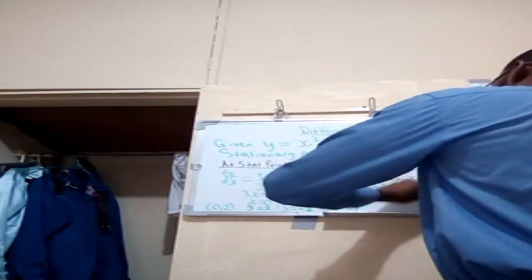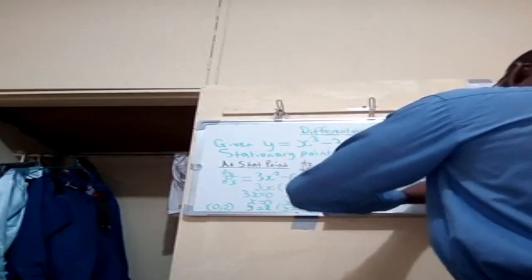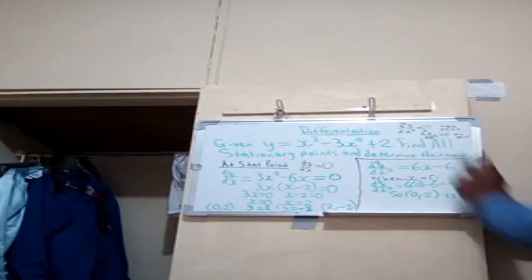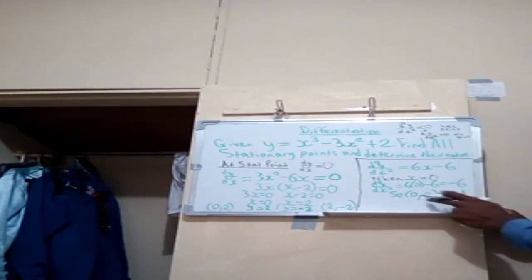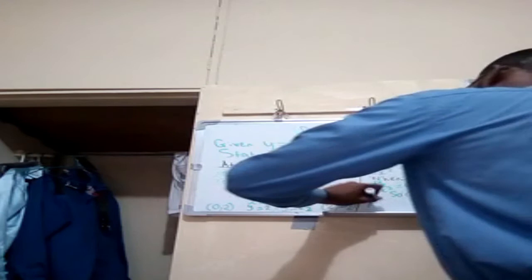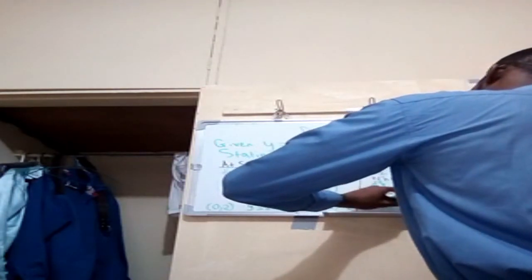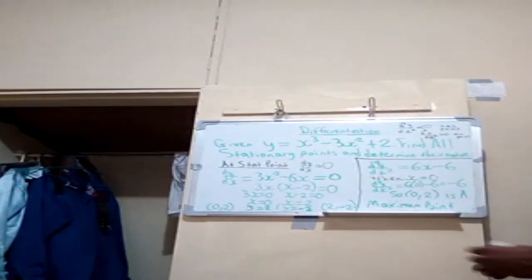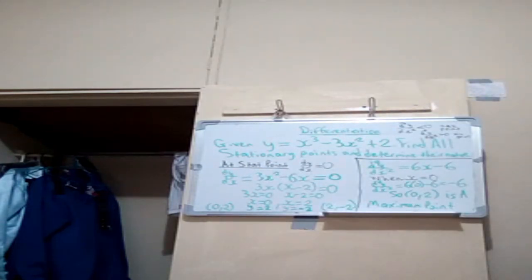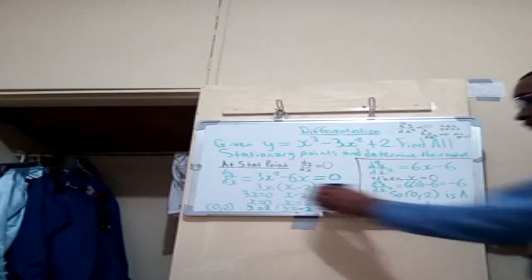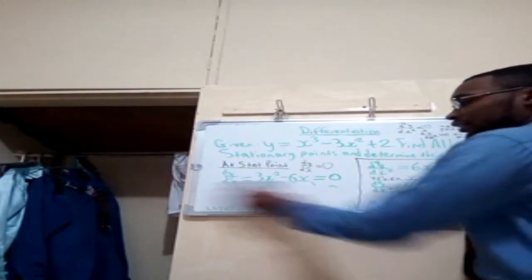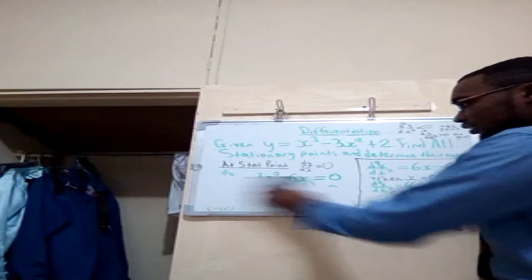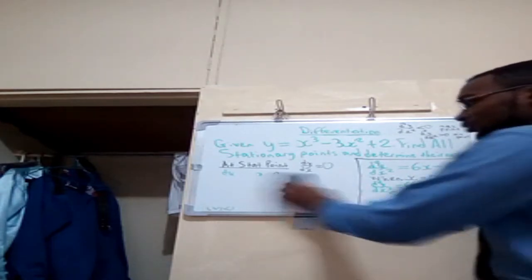Remember when it is negative, it is a maximum point. So (0, 2) is a maximum point. Alright? Now, the next point was (2, negative 2).